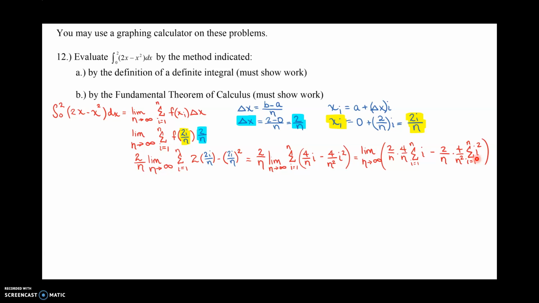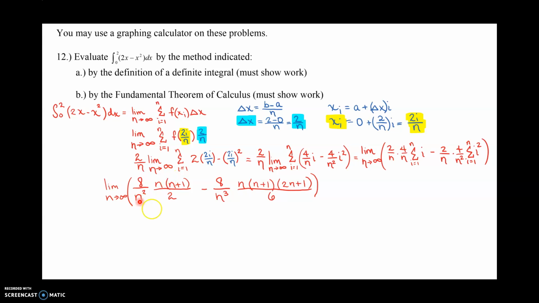All right, so our formula for the summation of i, I would be happy to give to you for the test, as well as the i squared. So the summation for i is n times n plus 1 over 2. And the summation for i squared is n times n plus 1 times 2n plus 1 over 6. All right, so now I want to get my numbers together and I want to get my variables together.